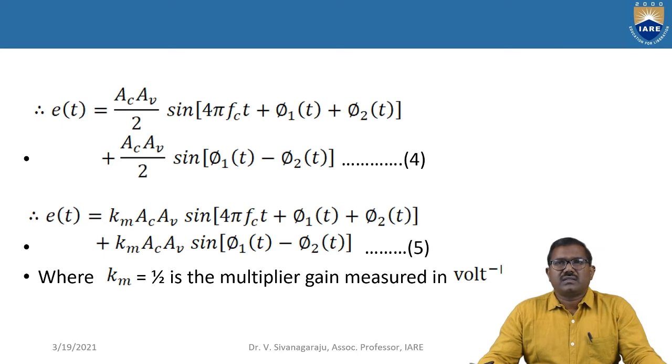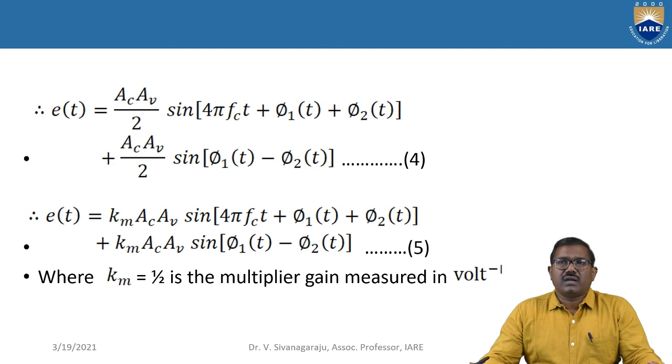In that E of t, we have a high frequency term and a low frequency term. The 4 pi fc t term is a high frequency term, whereas phi 1 of t minus phi 2 of t is a low frequency term. This high frequency term is eliminated by using a low pass filter.